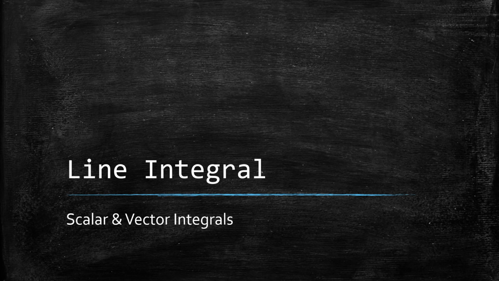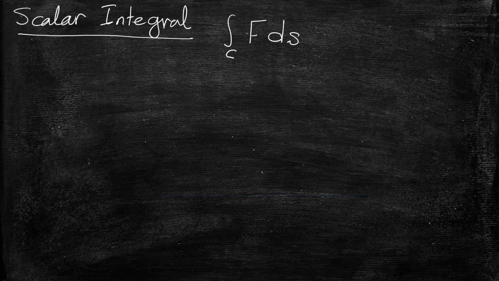Hello everyone. Today we'll go through the line integral and how to use the scalar and the vector definition of these integrals to evaluate some specific applications. So first, if we have a scalar integral, it means we have a line integral.